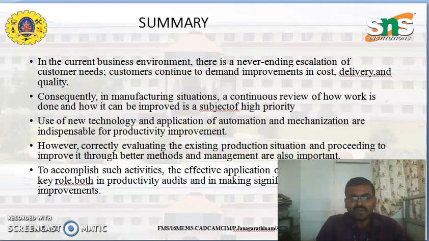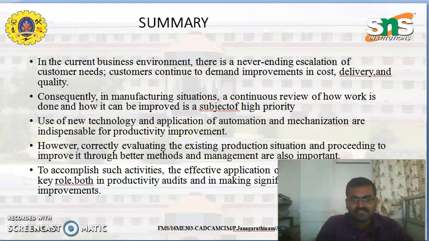Then use of new technology and applications of automation and mechanization is indispensable for productivity improvement, which means we have to incorporate automation systems like material handling equipment and other software. However, correctly evaluating the existing production situation and proceeding to improve it through better methods and management are also important.